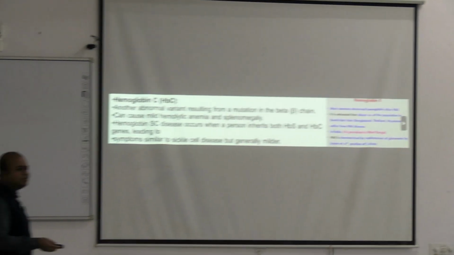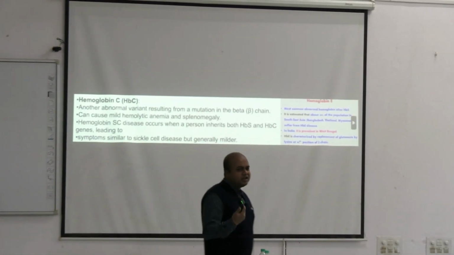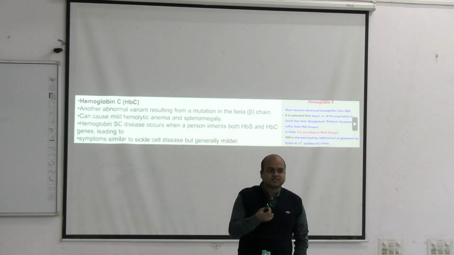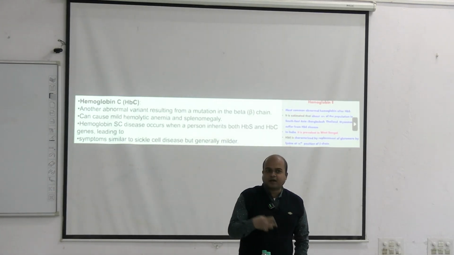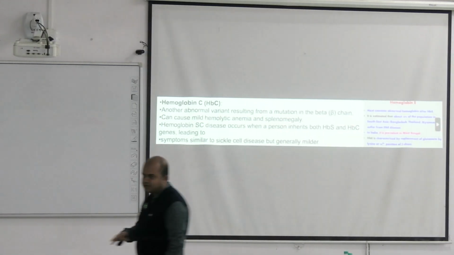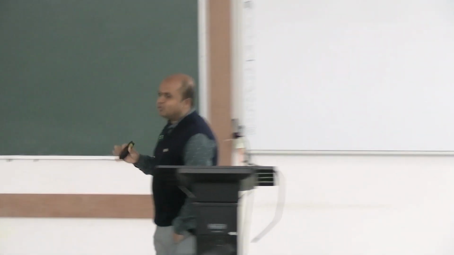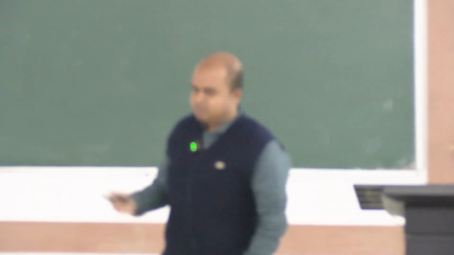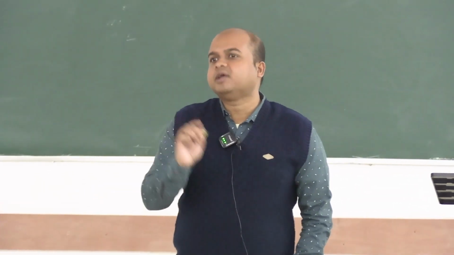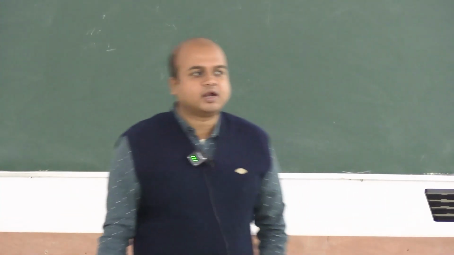Some other variants are hemoglobin C, D, O, E; there are so many variants. Again, these names are just of historical importance. They were arbitrarily named one after another as they were discovered. They have nothing to do with structure. Hemoglobin A is adult hemoglobin, and I have not found any text mentioning hemoglobin B. But C, D, E, O are just named one after another.